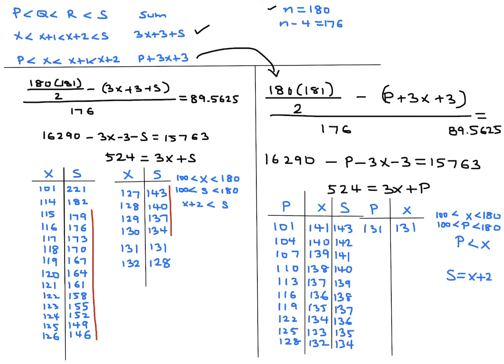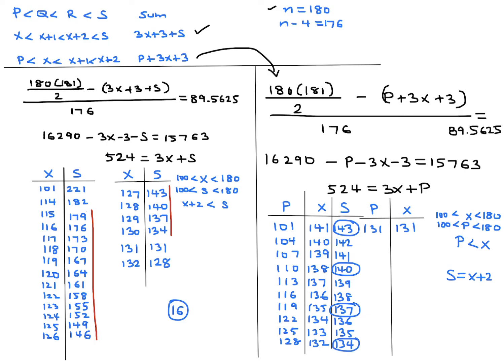Now there are some doubles here, so I can't just add what I got here to this. I got 16 over here, if you recall, and I've got 1, 2, 3, 4, 5, 6, 7, 8, 9, 10. But I can't just add those 10 and say it's 26, because there are some doubles. 143 is a double, so I can't count that. 140 is a double. 137 is a double, and 134 is a double.